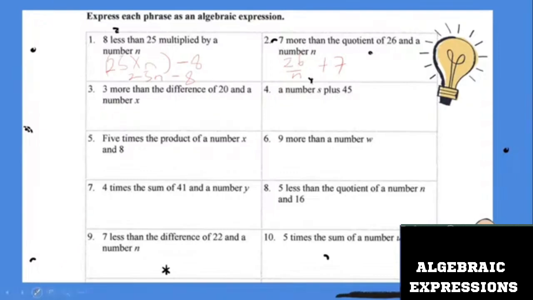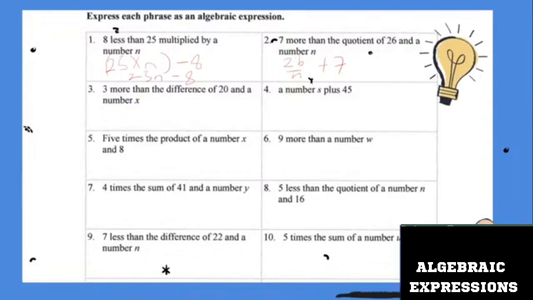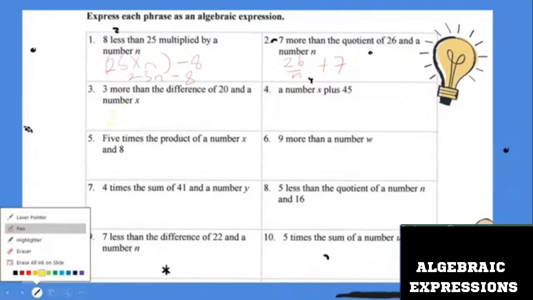All right, let me try on a different color here. 3 more than the difference of 20 and a number x. So we have 20, let me use blue here.